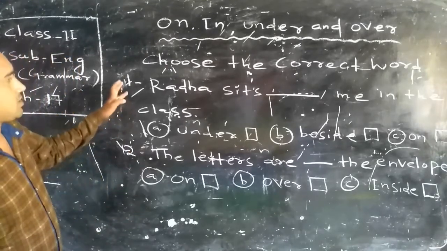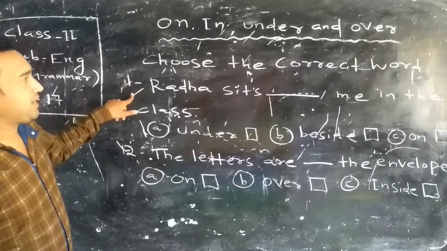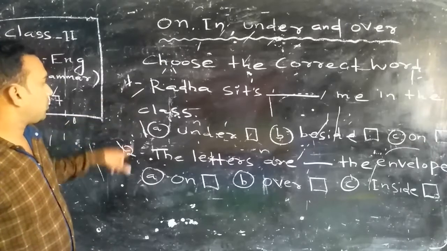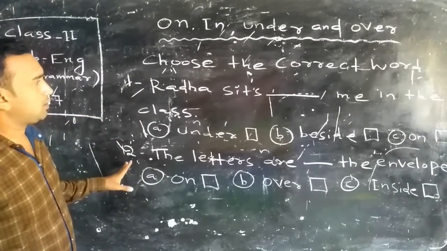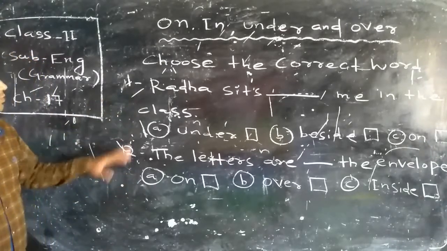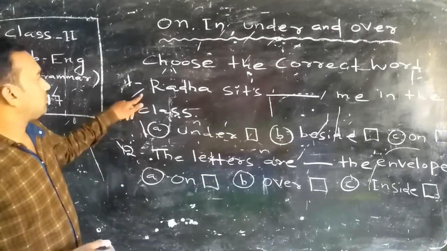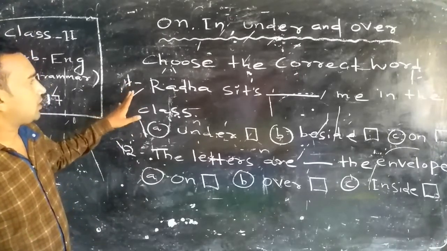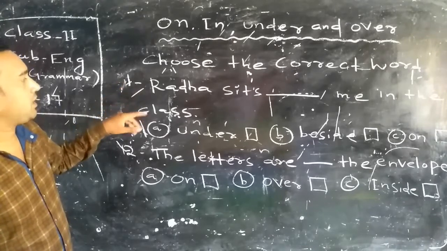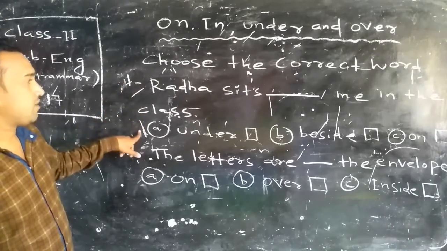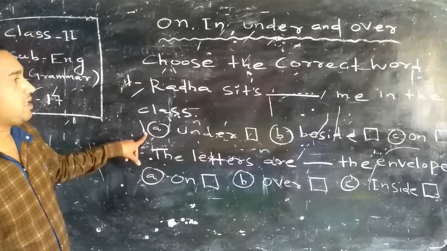Okay, dear student, let's see the blackboard properly. Choose the correct word. Here, one number and two number are already written on the blackboard. So let's start this one. Radha sits dash me in the class. The three options are here: under, beside, and on.